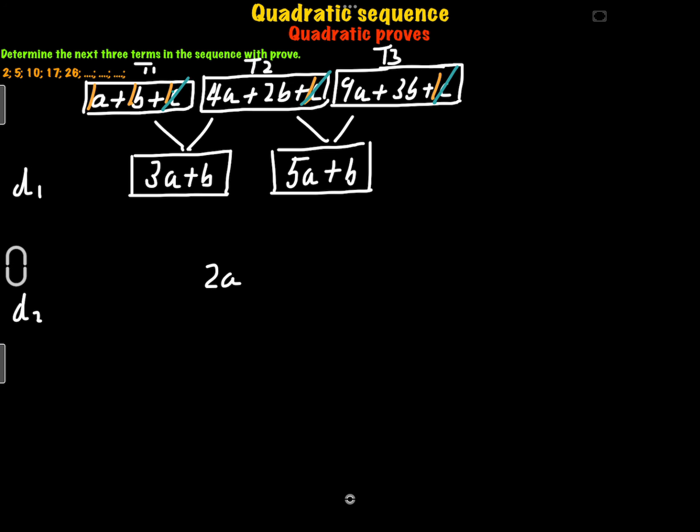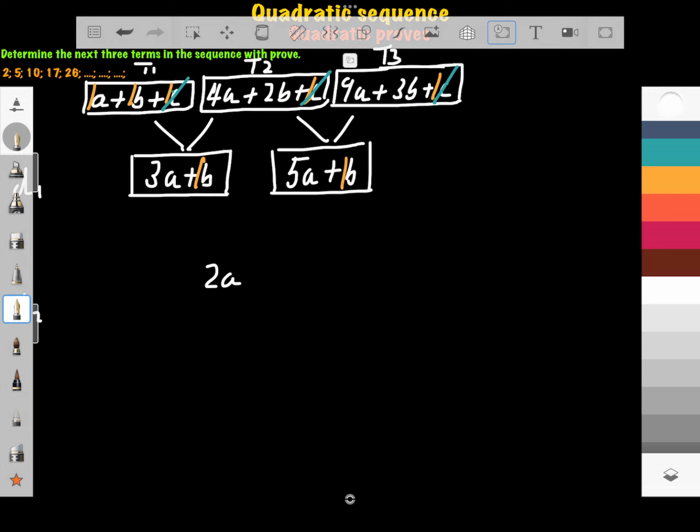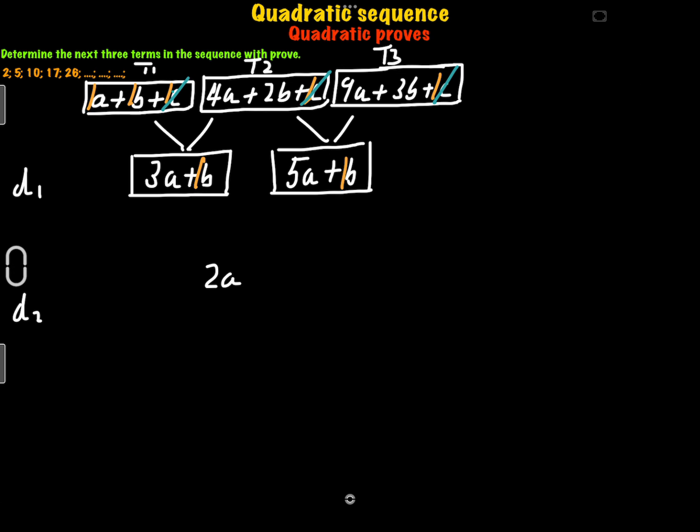Notice there's another silent one here and another silent one there. I'm just doing this so that we are on par with this application. So now we have only 2A in this case. This is our new set.